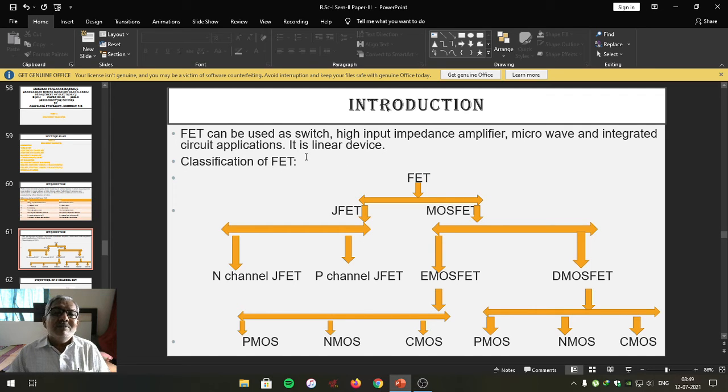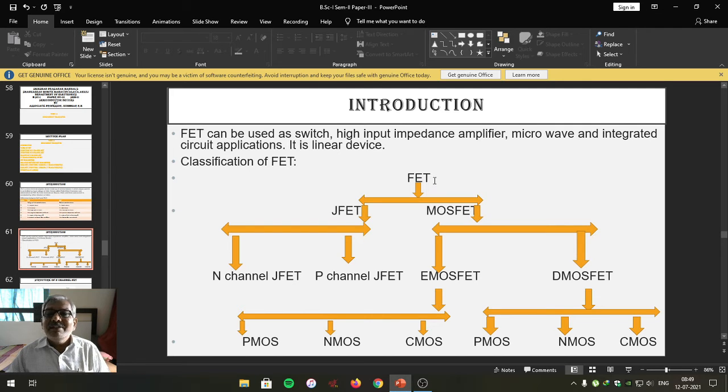Now we are going to study the classification of the FET. How are FETs classified? Friends, we are going to study here the types of FET. Let me consider this is the FET, that is field effect transistor. It is a voltage controlled device.